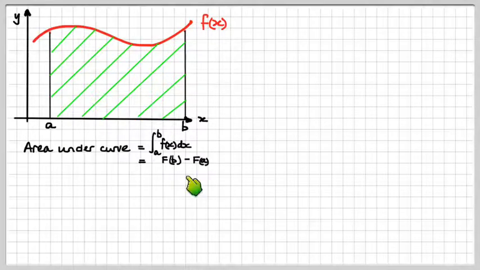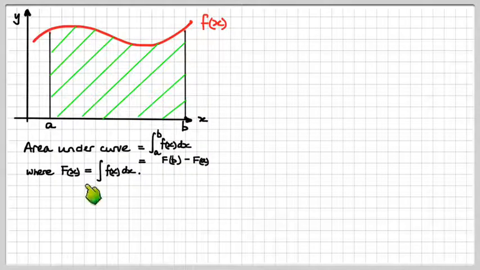And it's equal to the antiderivative function evaluated at B minus the antiderivative function evaluated at A. In other words, substituting B in instead of x, and then subtracting the thing with A substituted in for x, okay?